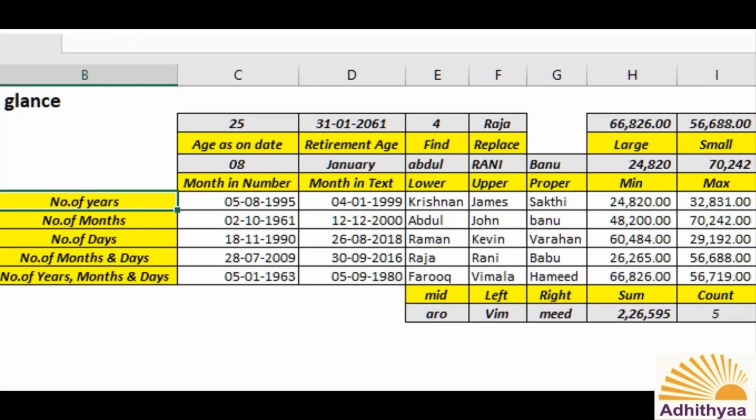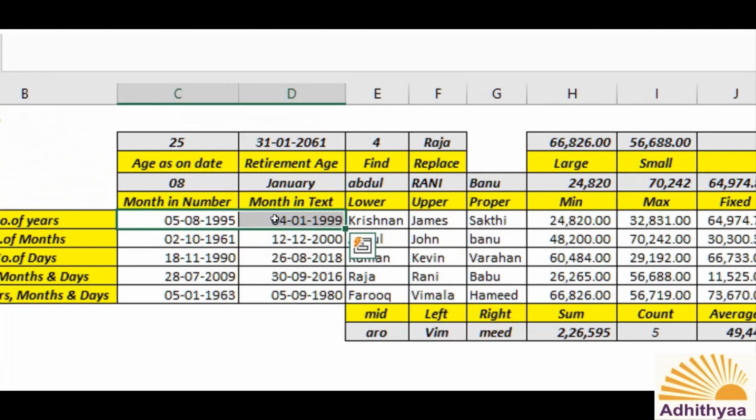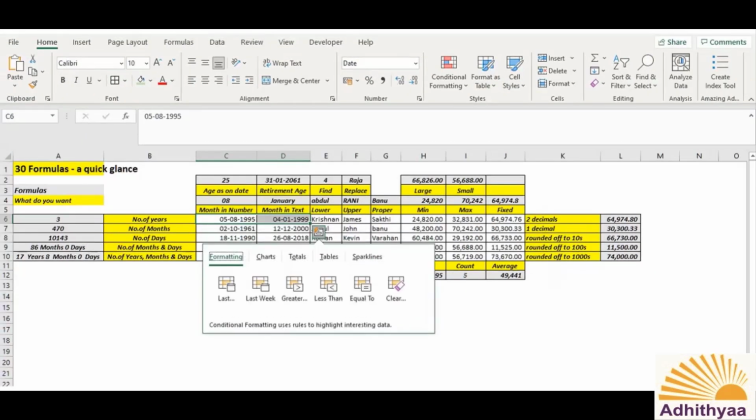between the two dates. That means if you look at it, there are two dates here.